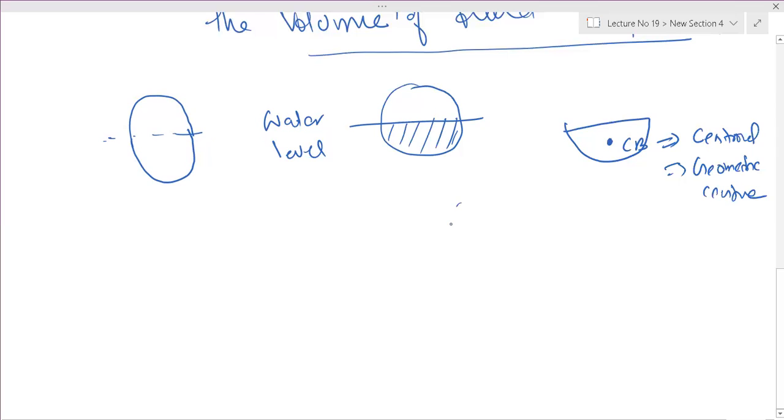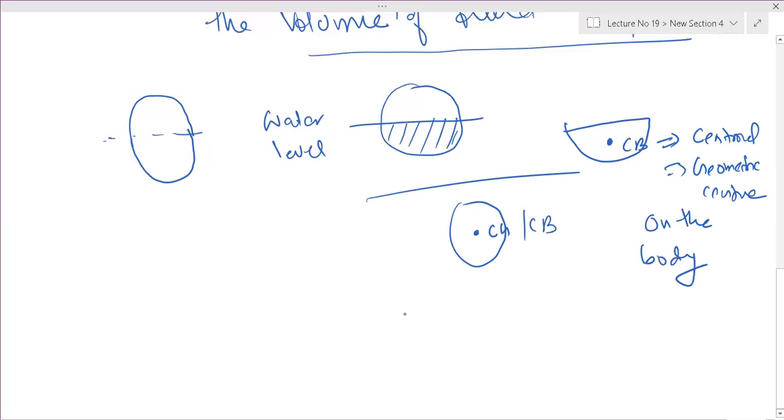If it is fully submerged in water, then the center of gravity and center of buoyancy will both be at the same place, on the body. So in a submerged case, the center of gravity and the geometric center, that is your center of buoyancy, will coincide.